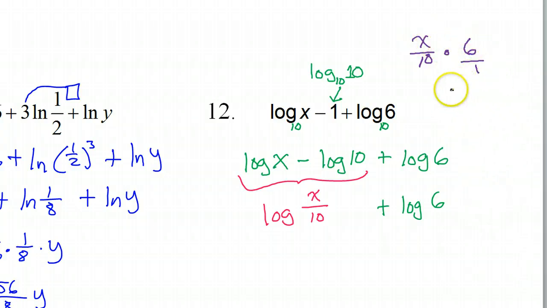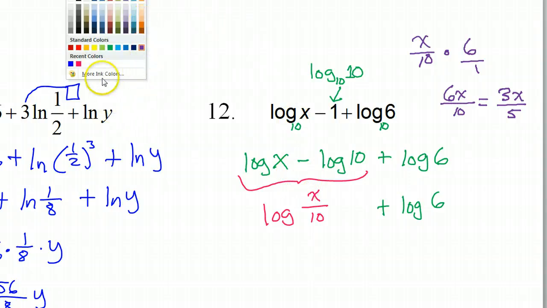So x times 6, that's just 6x. 10 times 1 is 10. So that's what I would get if I multiply x over 10 times 6. I could also reduce it, though. Both of these are divisible by 2. So that would make 3x over 5.